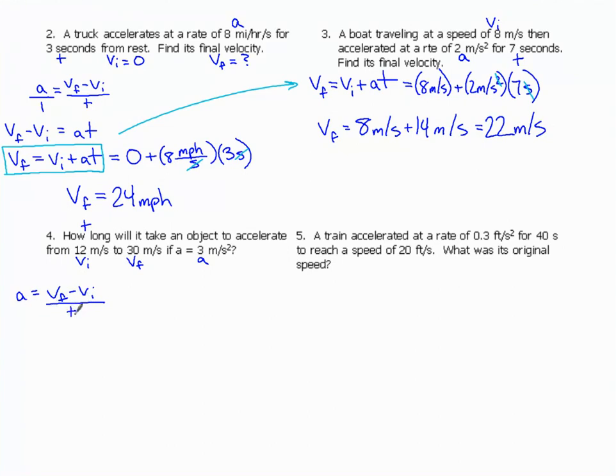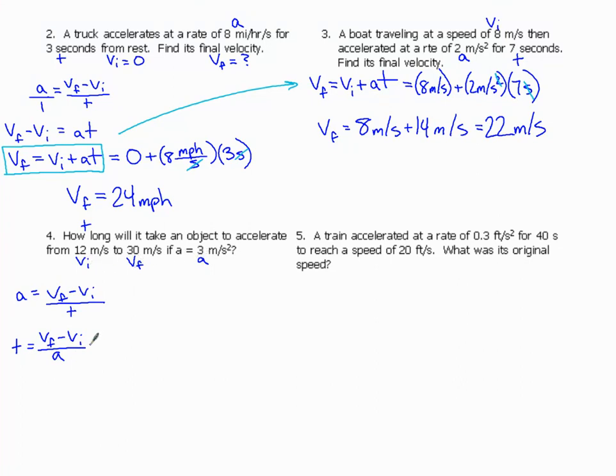That's going to get rid of this t, and it's going to put time over here with the acceleration. And then we divide both sides by the acceleration. That's going to get rid of this, and put it down here. Short version of what we just did, we are switching the a and the t. So we end up with time equals final velocity minus initial velocity over the acceleration.